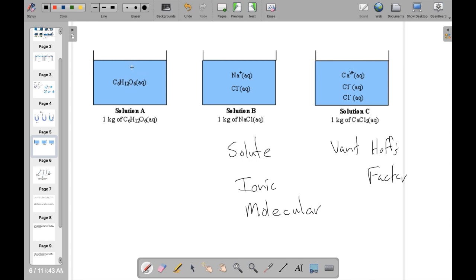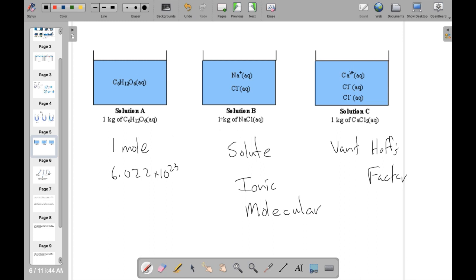When I put sugar in water, if I put 1 mole of this in this container, it will break into 6.022 times 10 to the 23rd sugar molecules floating around in there. The intermolecular forces are broken. We have all of these little molecules floating around this container.